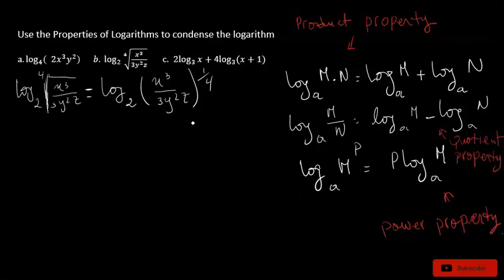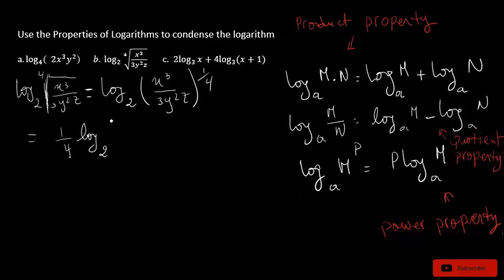Now I have to use the power property to simplify this expression more. It is equal to 1 over 4 log base 2 of x cubed over 3y squared z, since the power property says log base a of m raised to the power of p is equal to p log base a of m.